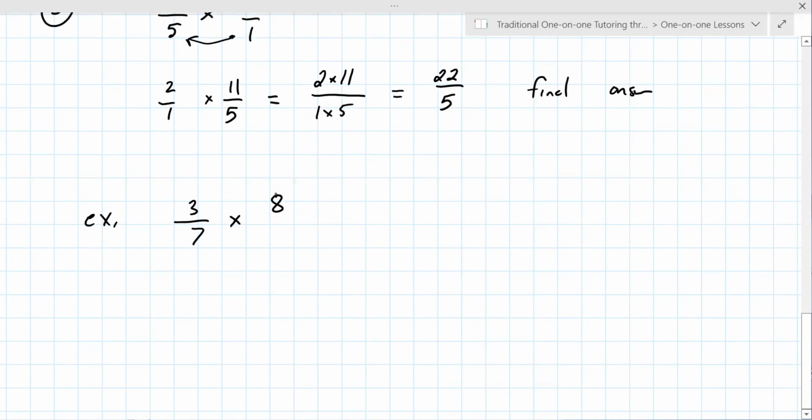Wait, hold up. 24 over 21. Well, on the bottom is a 1. Not 21. You multiply the tops, 3 times 8, and 7 times 1.